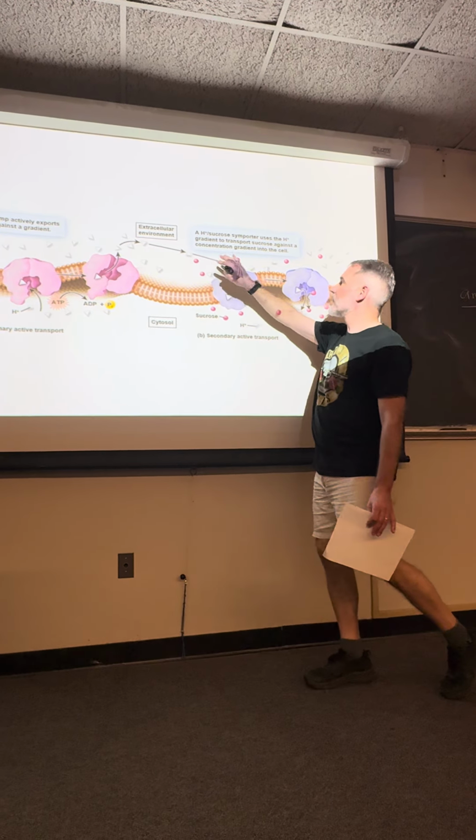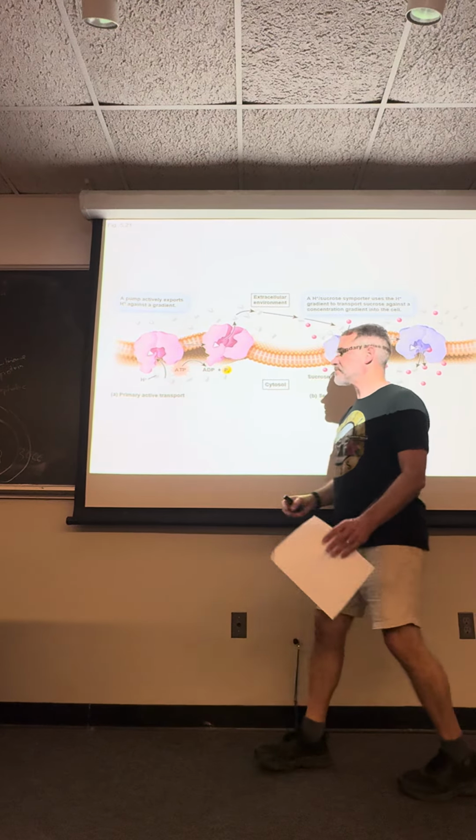So the sucrose molecule is really piggybacking on the movement of hydrogen. Hydrogen is coming down its gradient. Sucrose is along for the ride and is being transported against its gradient. So it's using the power created by the hydrogen gradient that was originally created by the primary active transport.